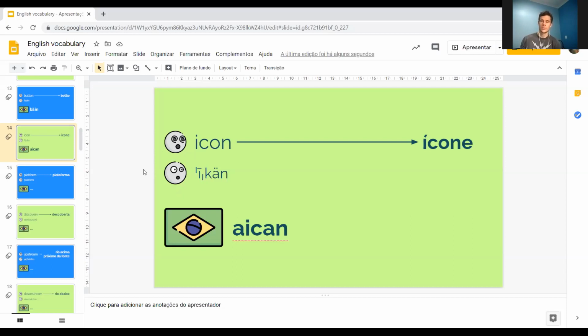It's very close, but the O sound is not quite that. It's a ah. Maybe you want to open your mouth a little more. Icon. Okay, that's good. Very difficult.